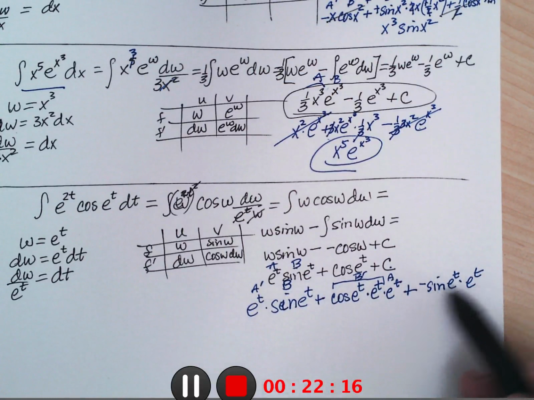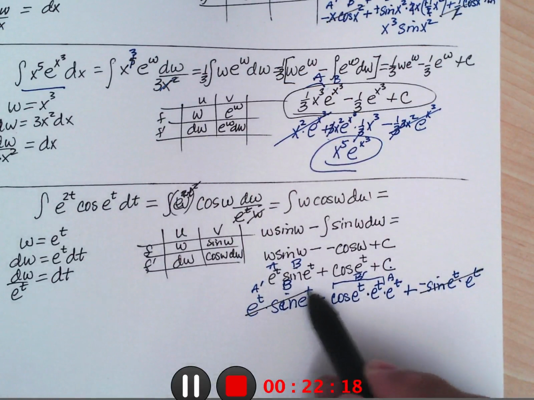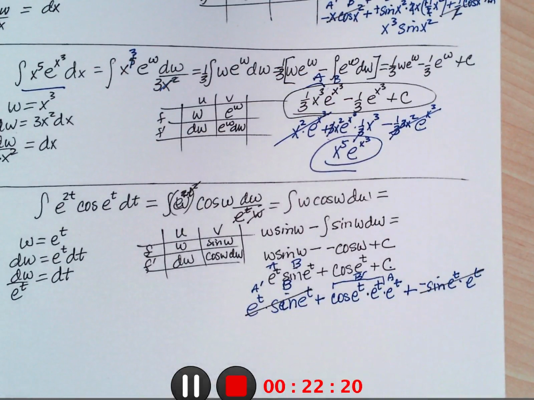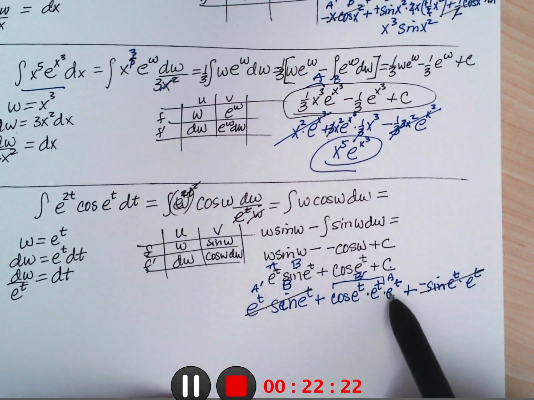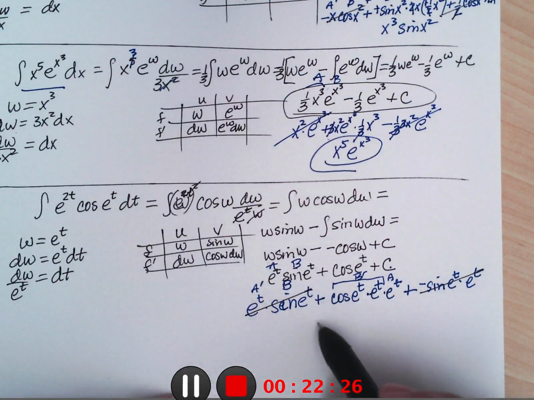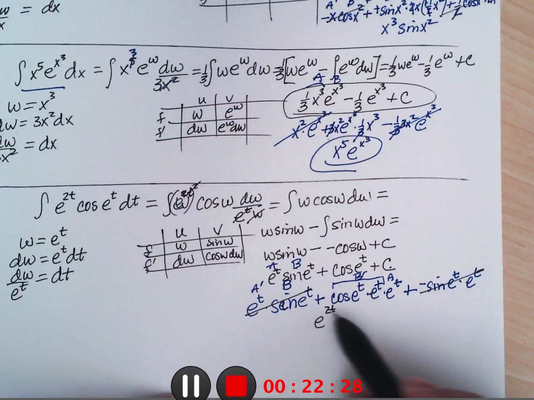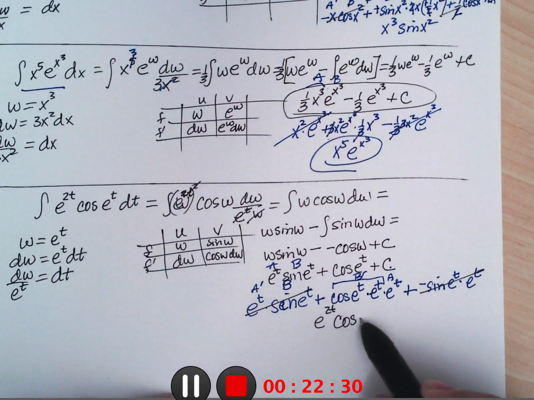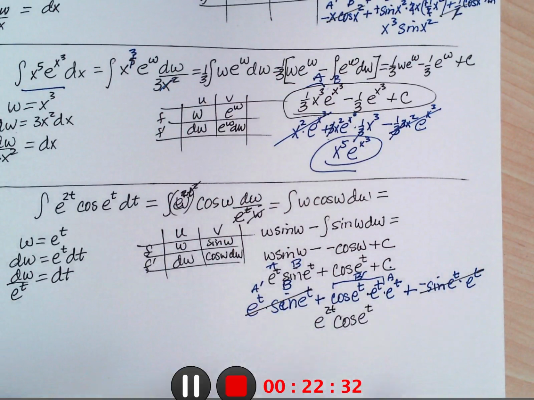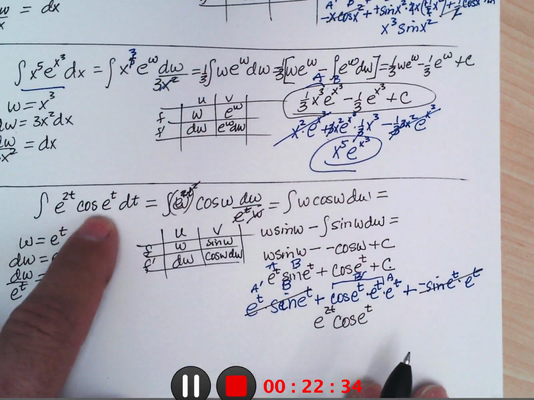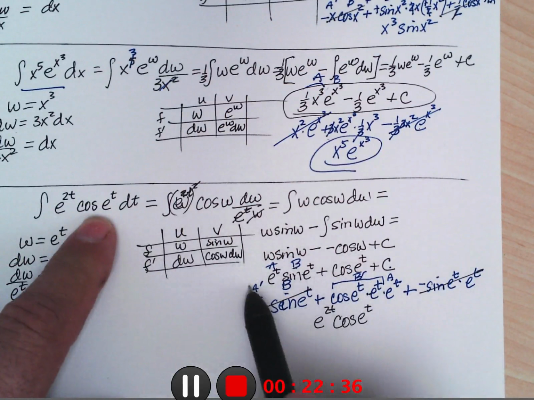These are opposite and equal, so they cancel. And here I have e to the t times e to the t. When you multiply, you add the powers, so you get e to the 2t cosine e to the t. So that shows us that this was the correct antiderivative of that.